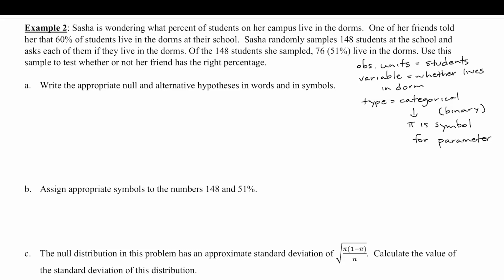Now the thing is, I'm actually going to write this out at the beginning of part A. Usually we've been saying that pi is a long-run proportion of success. And now we're going to expand that a little bit. In this particular case, we have to think about not a long run, but a population. And so in this case, pi is the proportion of all students at Sasha's school that live in the dorms.